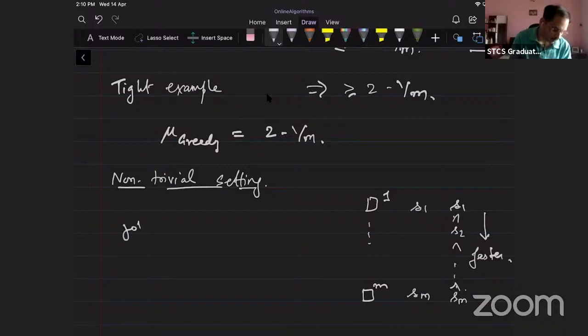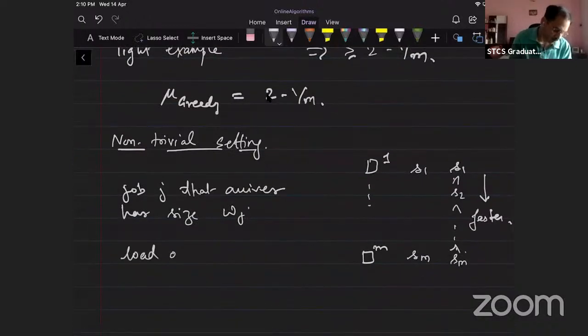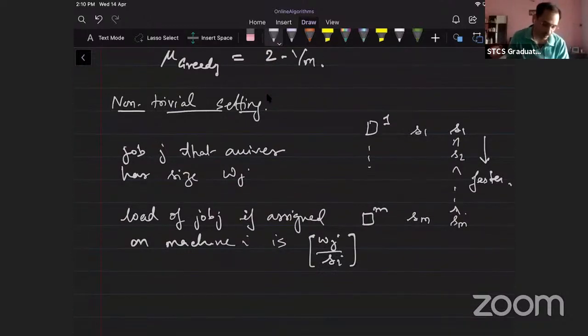And a job J that arrives has size Wj, and the load of job J, if assigned on machine I, is Wj by Si. Okay. Now it's slightly different compared to the simpler setting.